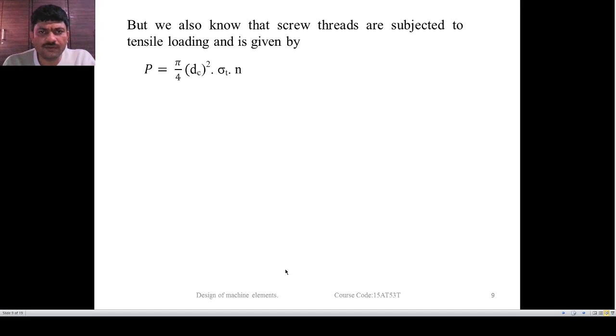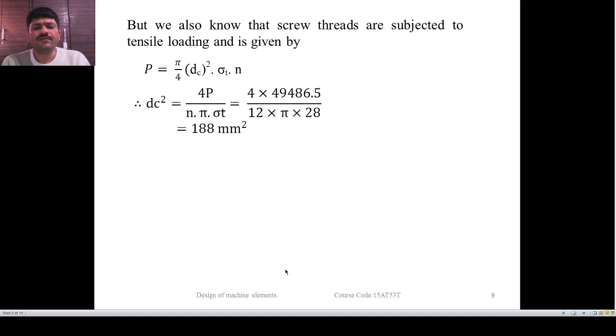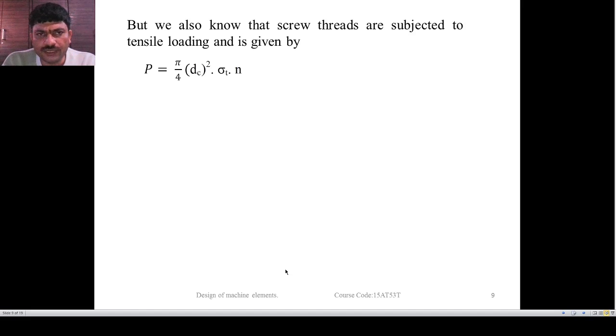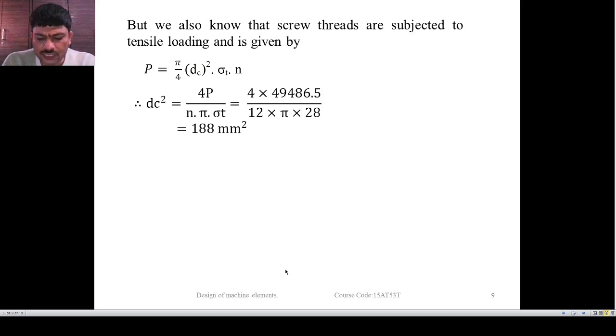So dc square is equal to 4P divided by N into pi into sigma T. After the simplification, you get 188 mm square.